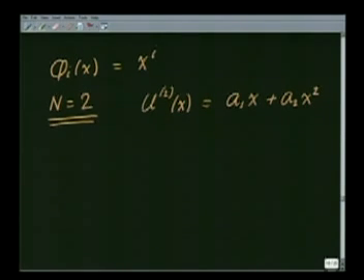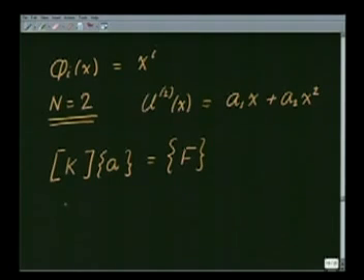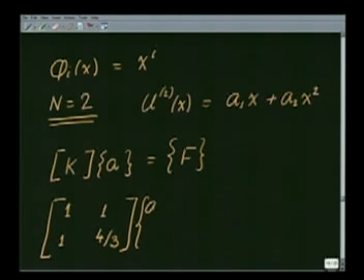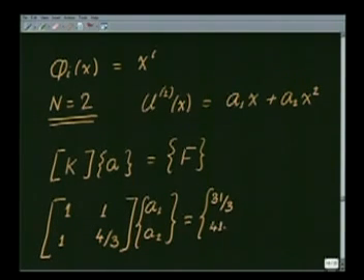So going back to our virtual formulation and writing the final matrices, I will get k into A is equal to F, where k will have entries 1, 1, 1, 4 by 3. You should all evaluate these entries to convince yourself. A1, A2 is going to be equal to the load, which is 31 by 3 and 41 by 4.